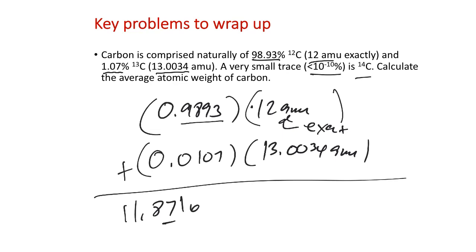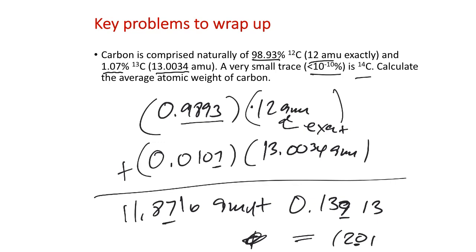If I carry a couple extra, 11.8716 AMU, and then plus 0.0107 times 13.0034, that works out to be 0.13913, good to 3 significant figures. Then we add them together and do the arithmetic, and we get 12.01 AMU, as the sig figs work out.